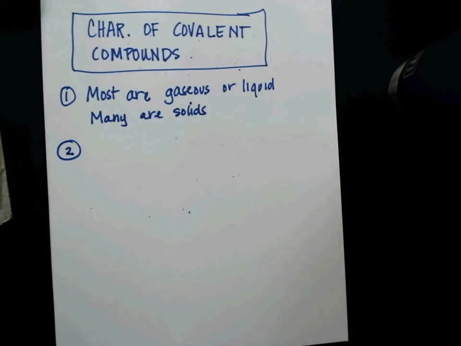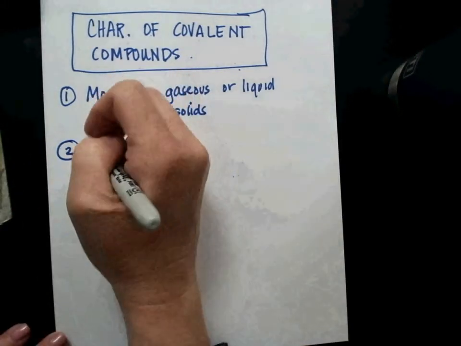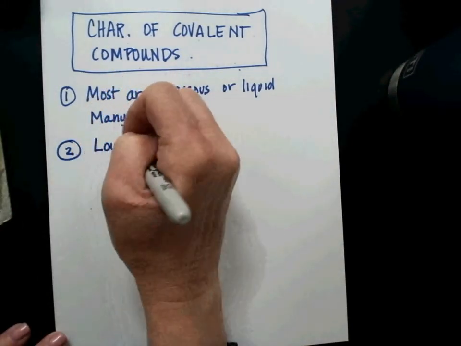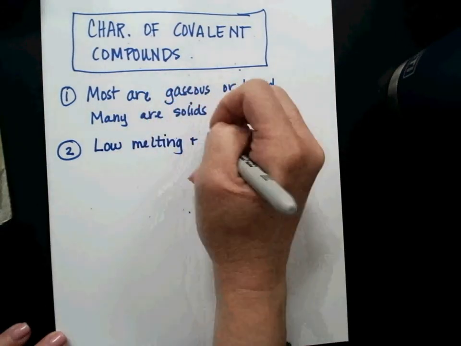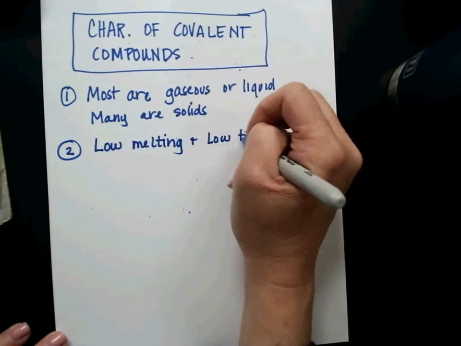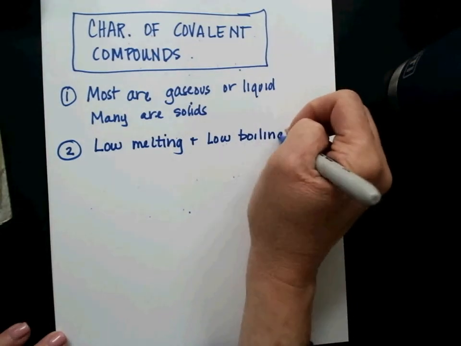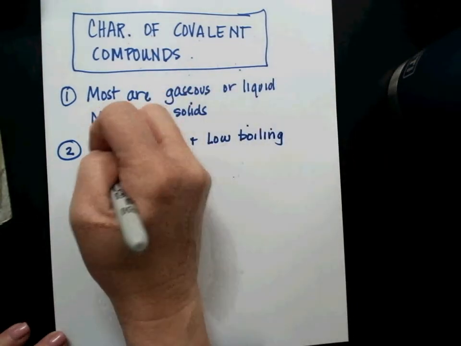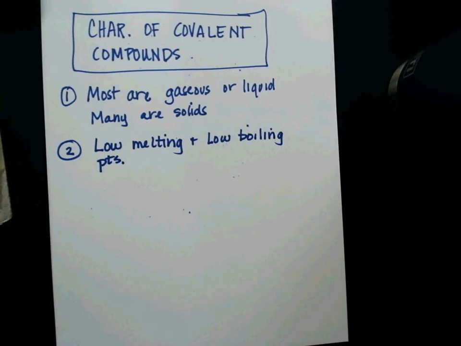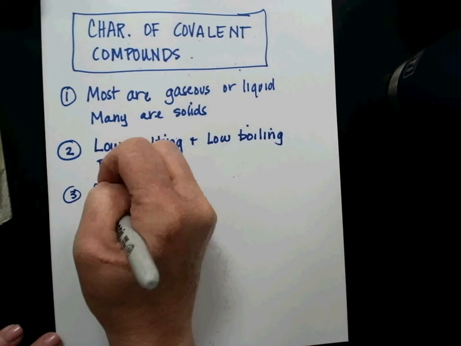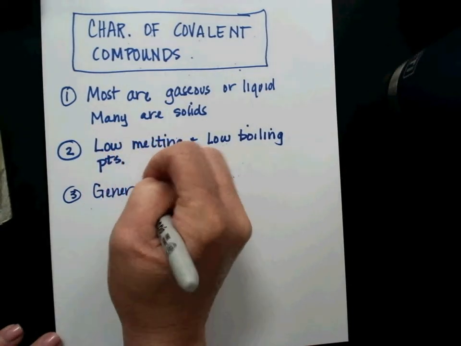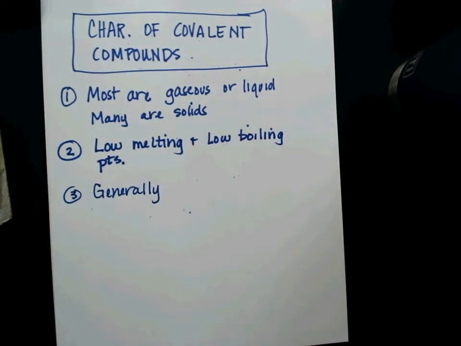Most covalent compounds have low melting and low boiling points. Let me ask you this question, and I have your papers out so you can have them back for when you do your conclusion.